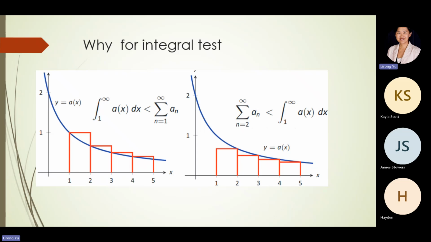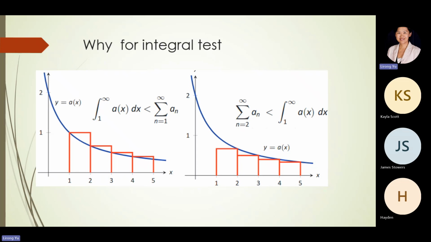Over here, suppose a n is convergent, so it's a decreasing curve. Now we're not going to start from 1, let's start from 2. So x equal to 2 has a2, and the a2 in the series and the a of 2 in the integration are essentially the same thing.